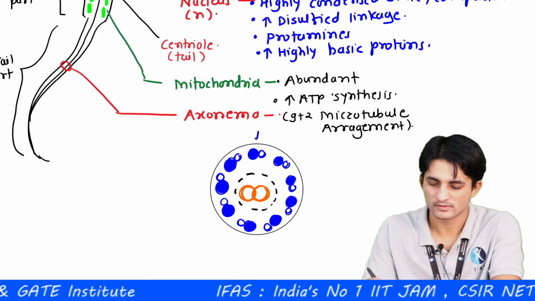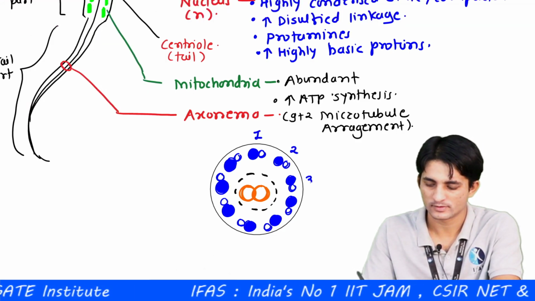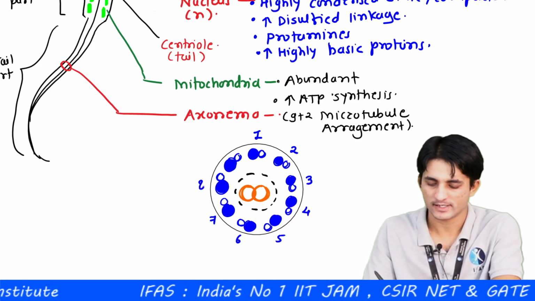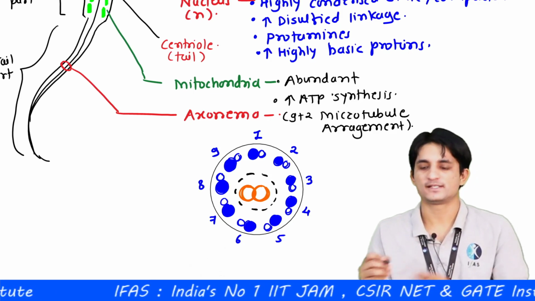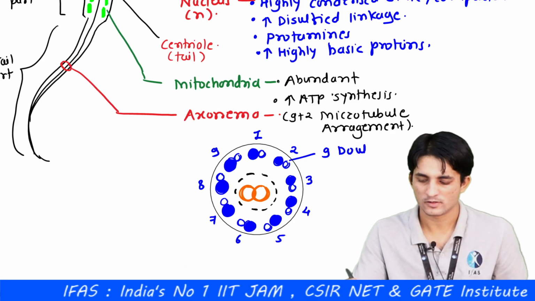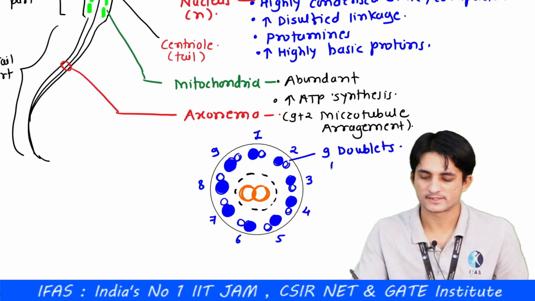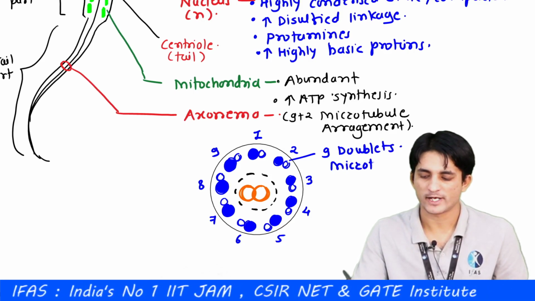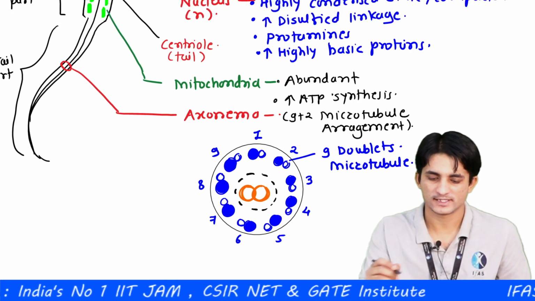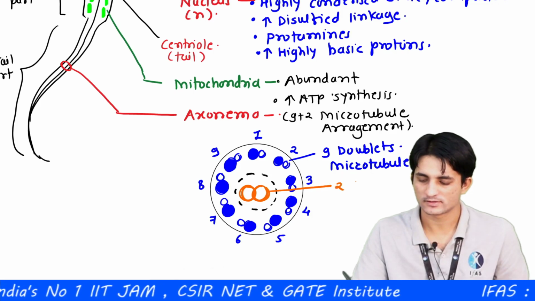For example, 1, 2, 3, 4, 5, 6, 7, 8, so these are the 9 doublets of microtubules, and in between the center there is the presence of the 2 singlets.